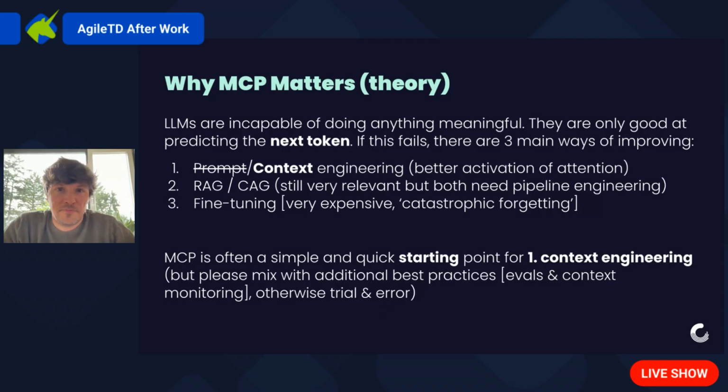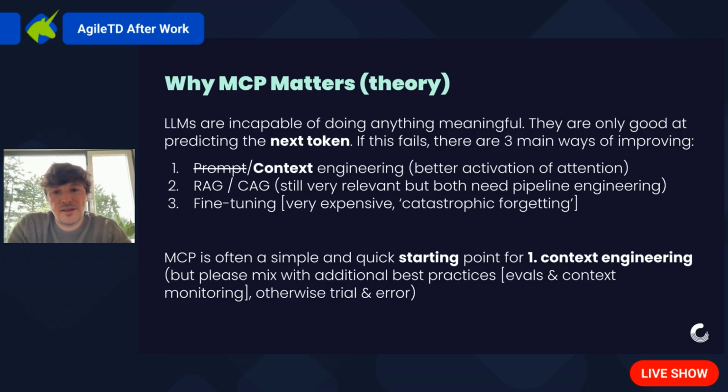So why did MCP get so popular? Because it's a good starting point that you can plug in for your context engineering and for improving the activation of your attention. But there are so many more best practices.